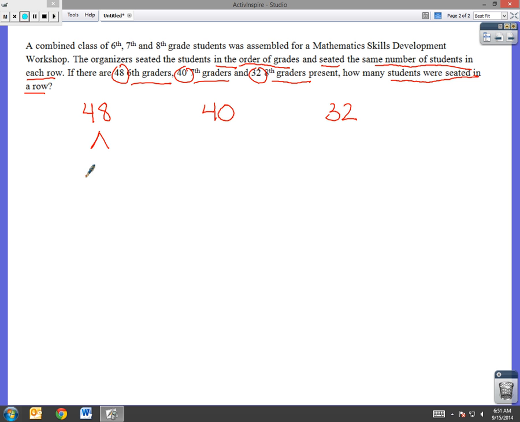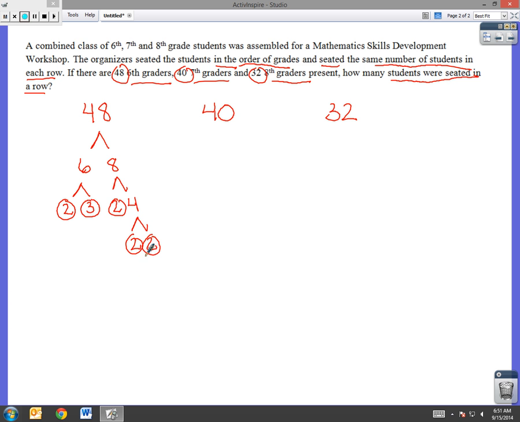Well, 48, what times what is 48? I'm going to go with 6 times 8. You can use 4 times 12 or 2 times 24, it'll break down the same. Breaking up 6, it is 2 times 3. These are both prime, so I will circle these. 8 is 2 times 4, and I will break up 4 into 2 times 2.